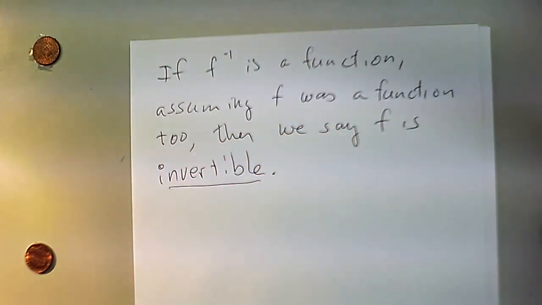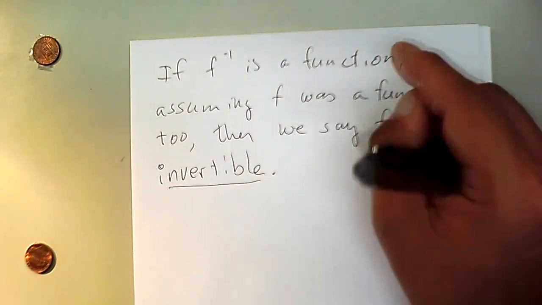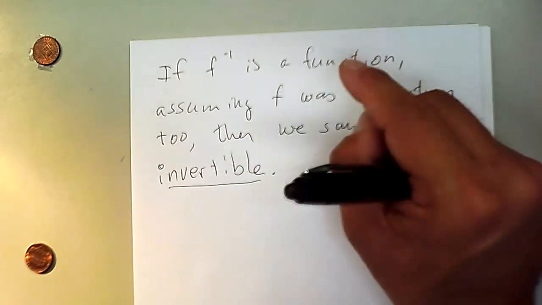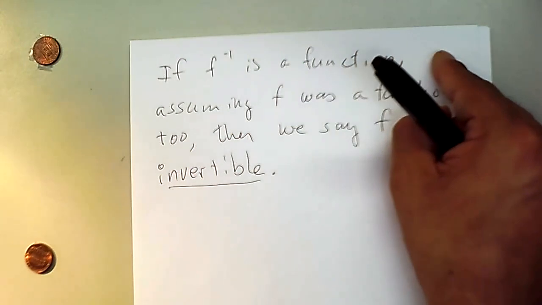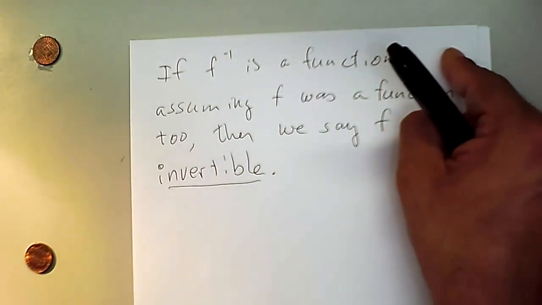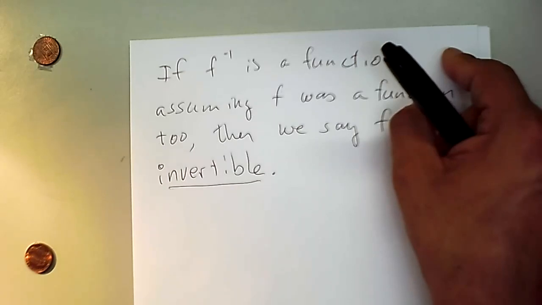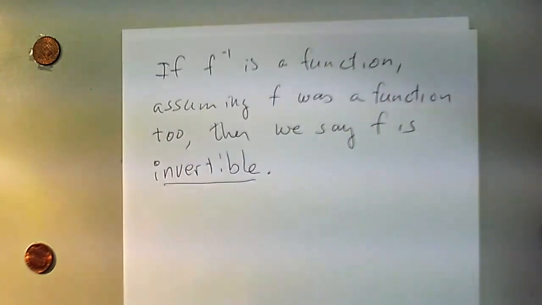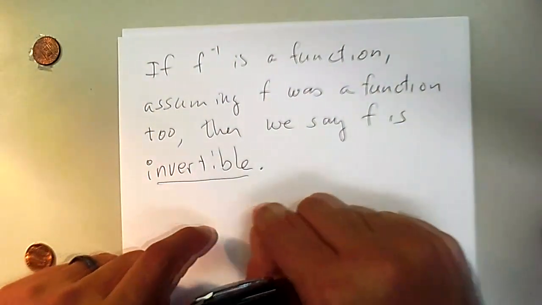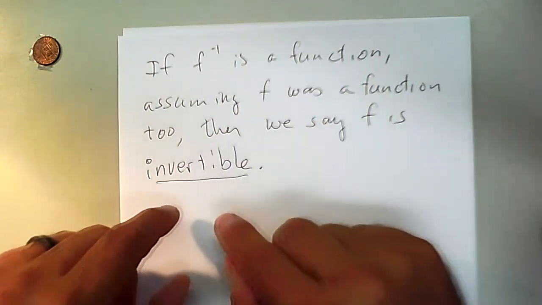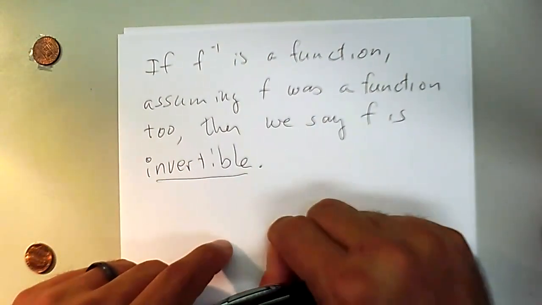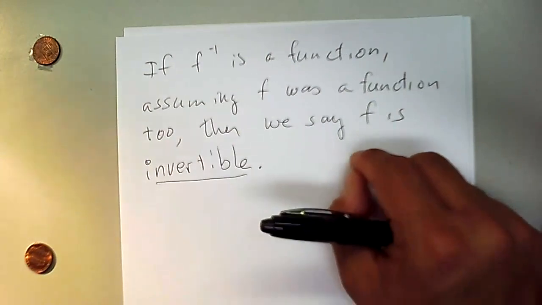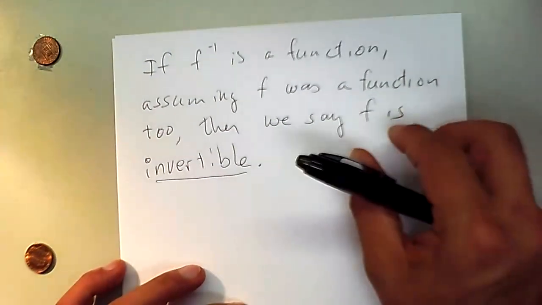So invertible means that when we find the inverse, what we obtain is also a function, which means that every input has a unique output, exactly one output. Every input has exactly one output is the same as saying every input has a unique output. So be aware of the different ways of saying that.